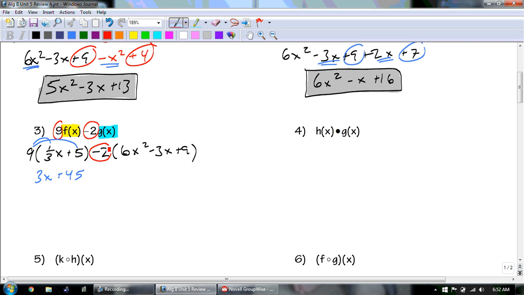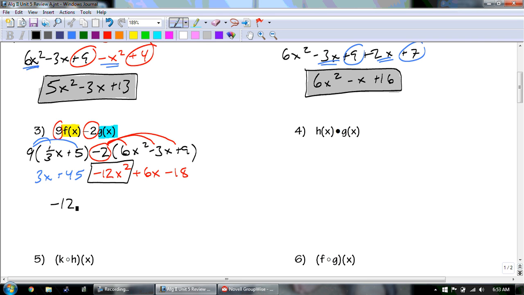Now back here, I'm distributing a negative 2, so negative 2 times 6 is a negative 12x squared. Negative 2 times negative 3 is a positive 6x. And negative 2 times 9 is negative 18. Okay? And then I'm looking for my like terms.